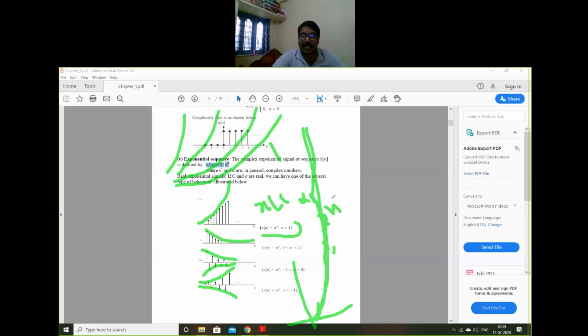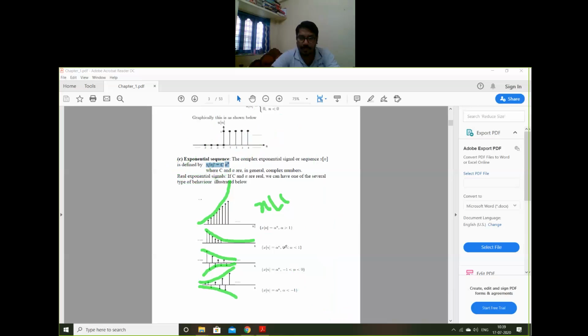This is called increasing exponential. Look at the second expression. Right? X of n equals alpha power n. Here alpha should be in between 0 and 1. So if I put 0, 0 power 0 is 0.